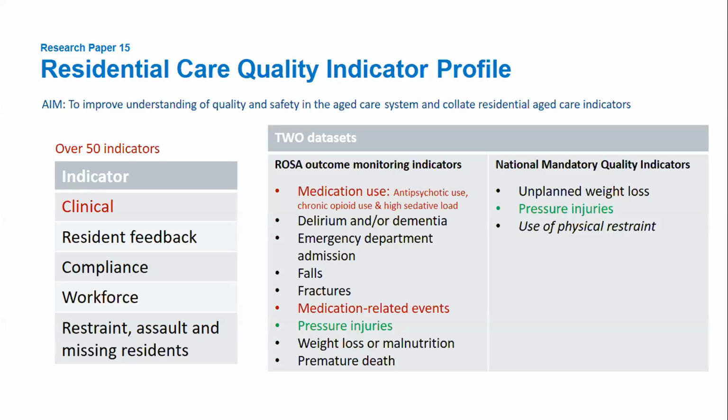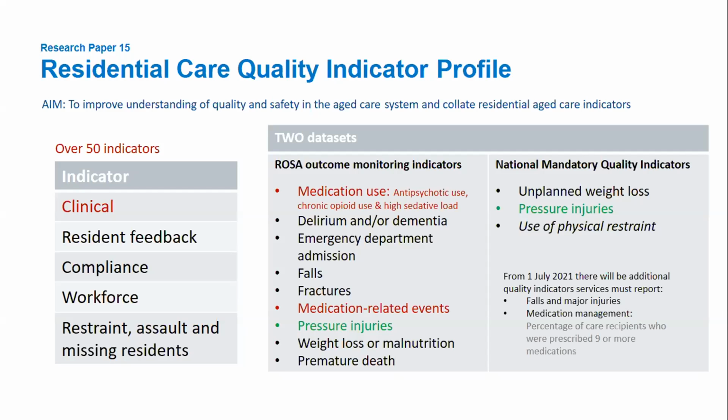For the clinical outcomes, data sets from the Registry of Senior Australians, so again, ROSA, and the Department of Health National Mandatory Quality Indicators were assessed. What you can see there is that antibiotic use and a data analysis of antibiotic use was not included.